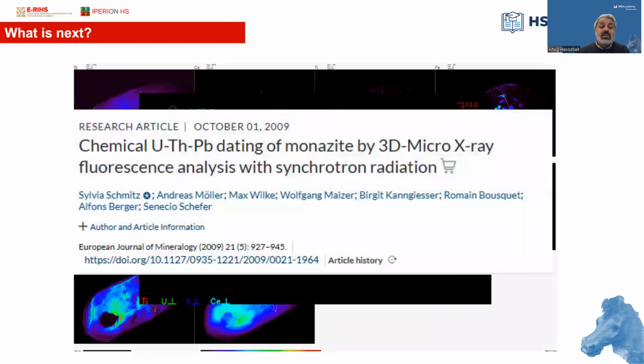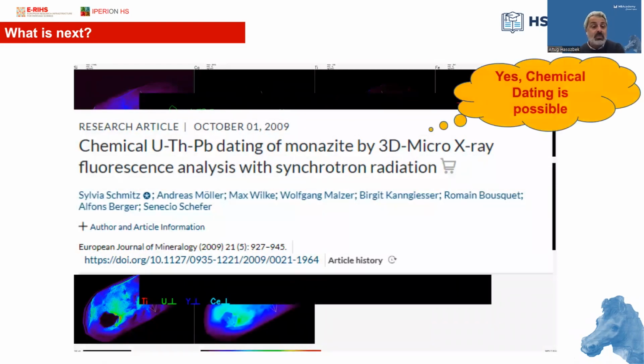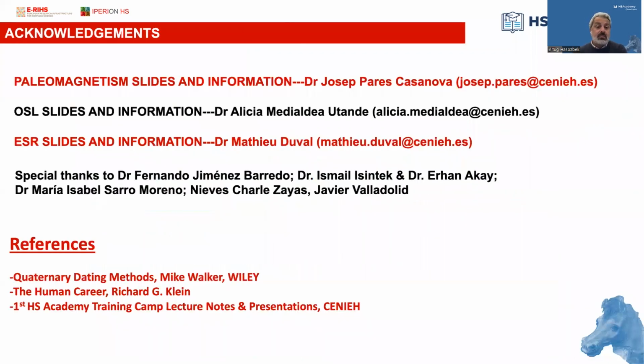But there is a paper where, because they had a very high amount of uranium and thorium, they managed without destroying the sample to use this technique, and it's called chemical dating. I assume that it's going to be the future, and I will say that it's going to be very applicable for archaeological sites.